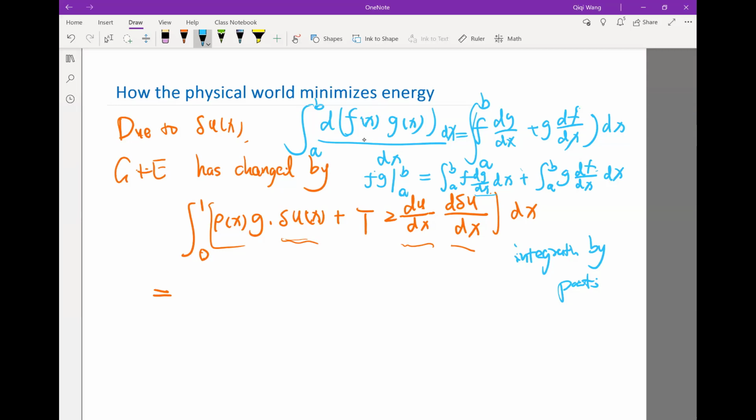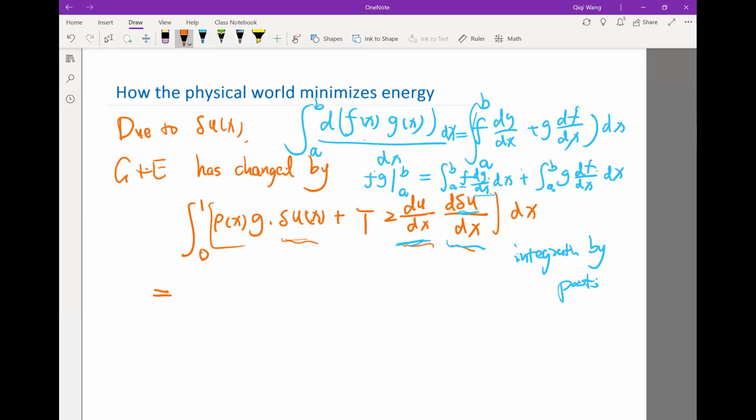In this case, if you think of delta u as the g here and du dx as f here, you can take delta u out of the derivative by putting du dx into a derivative, into a second derivative.